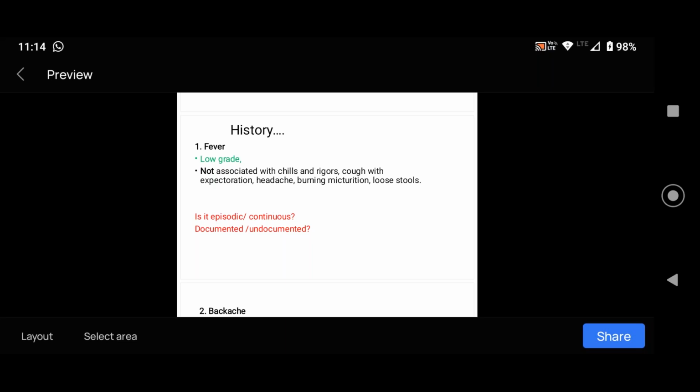Well, we were not able to find out whether it is episodic or continuous. It was more continuous in the sense that the patient had fever, would take an antipyretic, the fever would subside. Then after a few hours or maybe a couple of days, again the patient would have a fever. So in that way, the patient was having fever for the last few months.